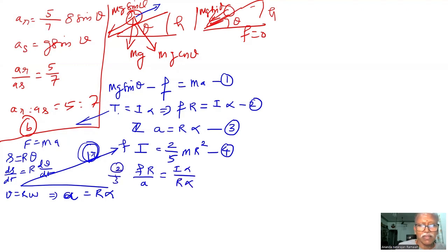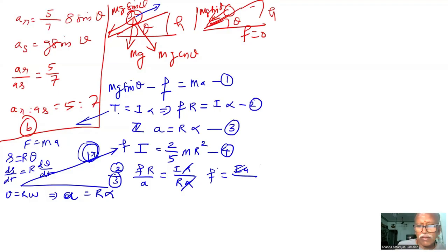So alpha gets cancelled. Therefore, F equals I a divided by R.